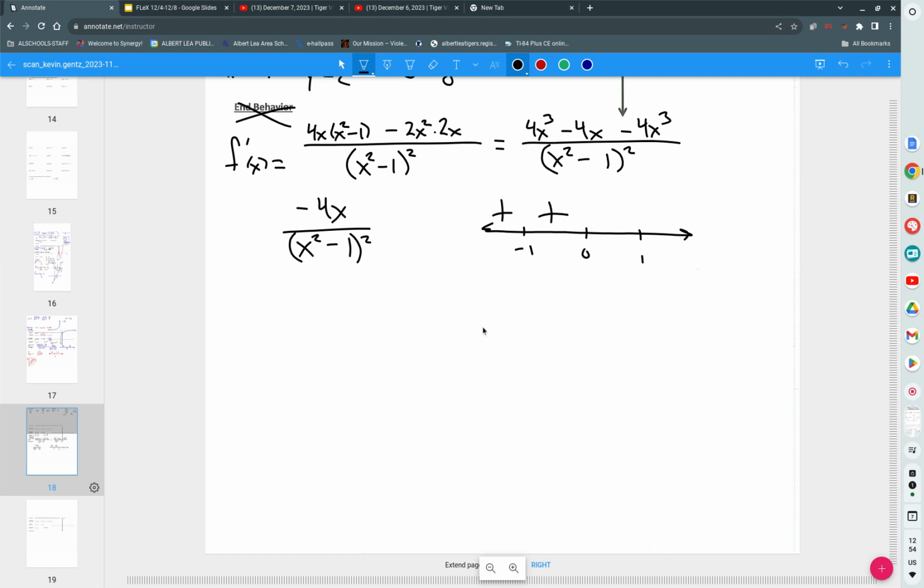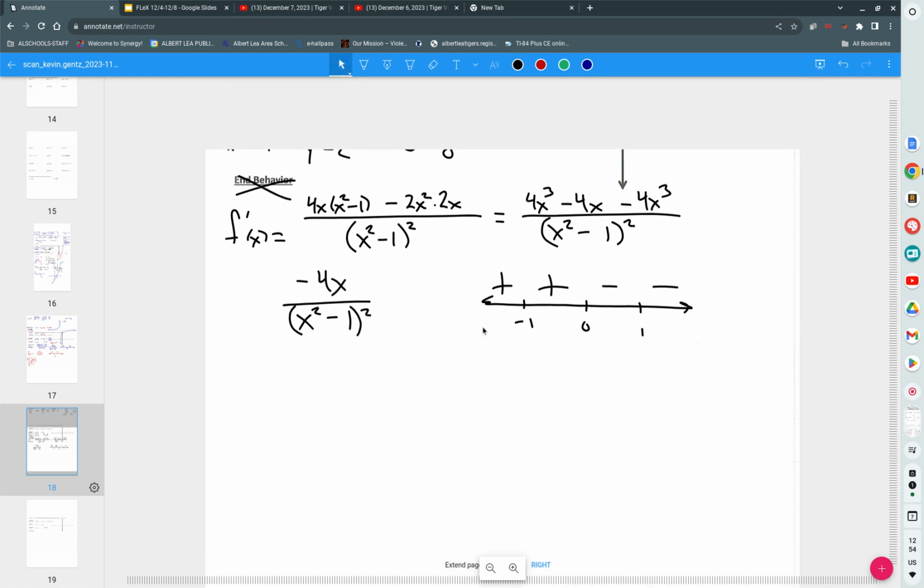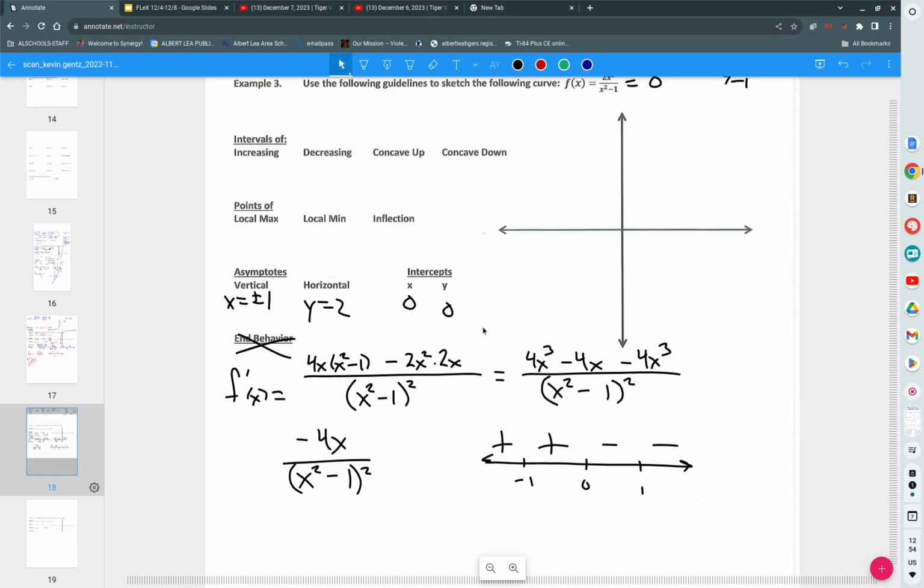And obviously now if you plug in positive values, you're going to come out with negative. What does that tell me? Good. So I've got increasing from negative infinity to negative 1, union, negative 1 to 0. And decreasing from 0 to 1, union, 1 to infinity.